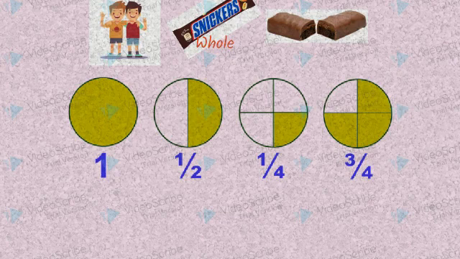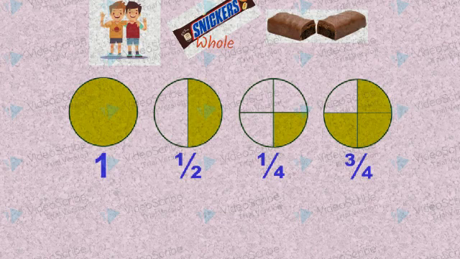The fourth circle, I divided it into 4 equal parts. How many parts are colored? It's 3, so I write 3 above the line, and 4 total parts down the line, and I call it 3 quarters or 3 over 4.